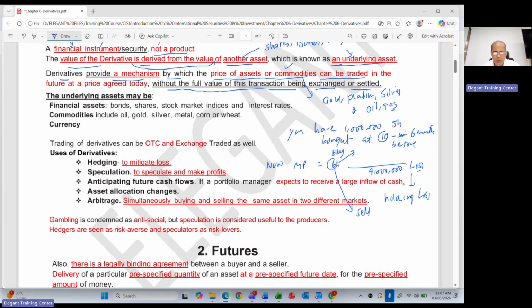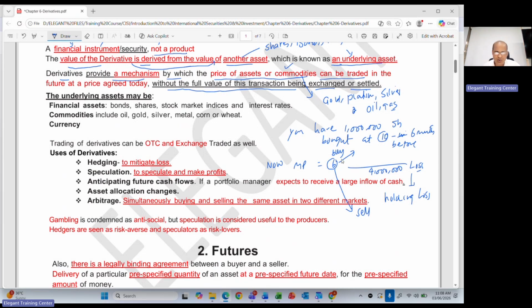To buy 1 million shares again, you have to arrange 6 million dirhams. But you have no money with you. There comes derivatives. Derivatives is a facility, an agreement, an instrument which allows you to book the price, buy later and pay later. Take delivery later and pay later, but the price will be booked now.